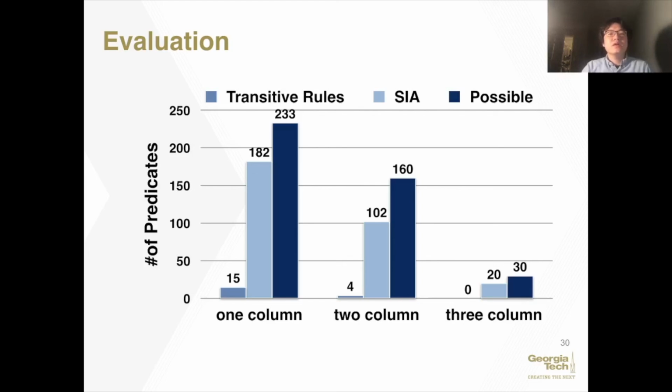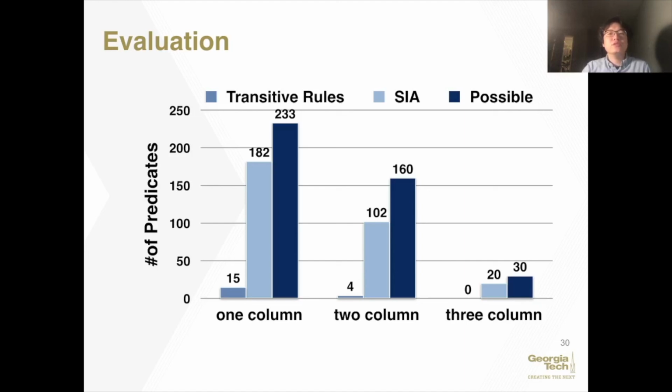We compare our system, SIA, to the transitivity rules, and we find that for less complicated predicates, where the predicate contains only 1 column, SIA is able to generate 182 predicates out of 233, while transitivity rules are only able to generate 15.